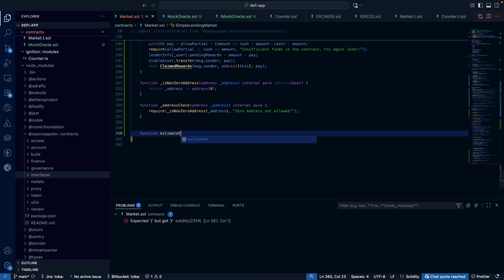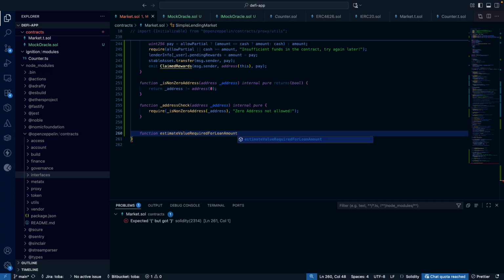Estimate value required for loan amount.